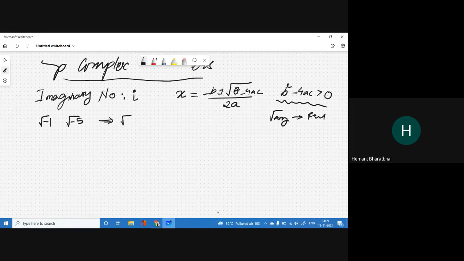So how do you represent it? What does the square root of negative numbers imply? That is why we gave a notation: let under root of minus 1 be i.